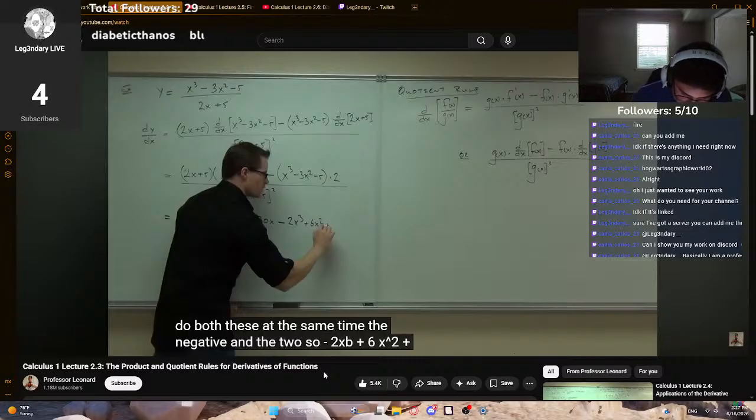So minus 2x cubed minus 6x squared minus 10 over 4. This is now 4x cubed. Oh, my head hurts.